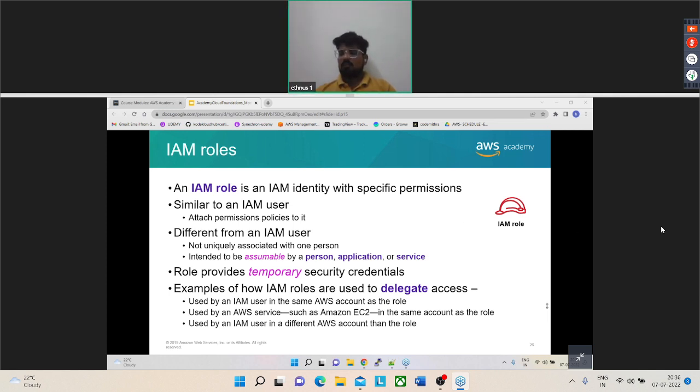I mean, it is temporary access, meaning temporary security credentials, and roles can be reused. They can be attached, and they can be removed. That's why it is called a temporary role. Let's just assume Nitin was not a part of my AWS account. I am also an IAM user, but with the role, we are giving him power.